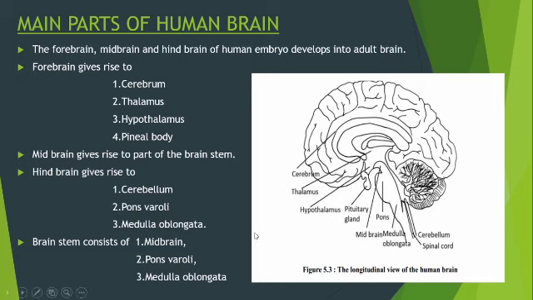Then the midbrain gives rise to part of the brain stem. The hindbrain gives rise to the cerebellum, pons varolii, and medulla oblongata. The brain stem consists of the midbrain, pons varolii, and medulla oblongata.